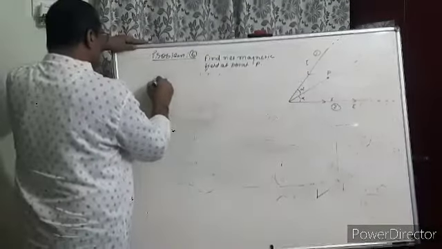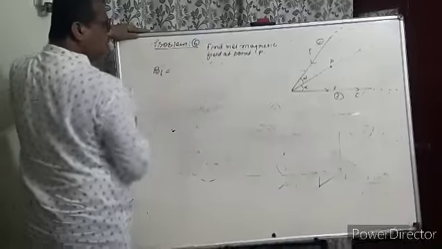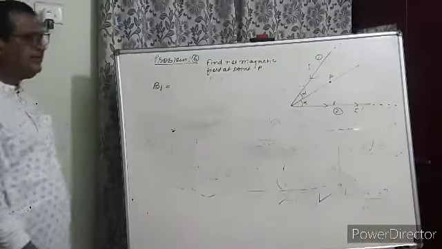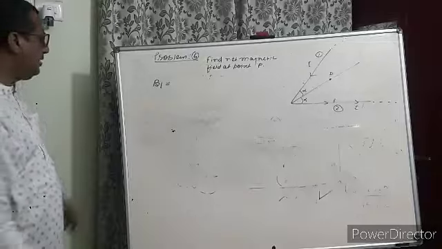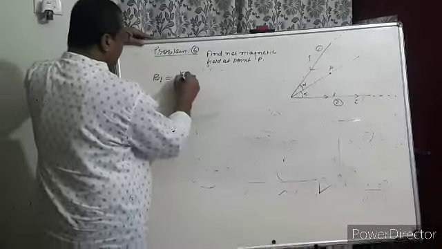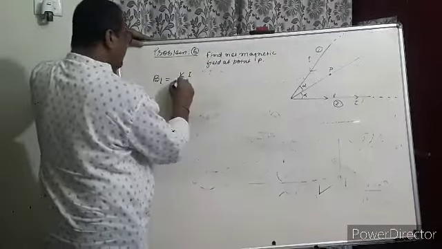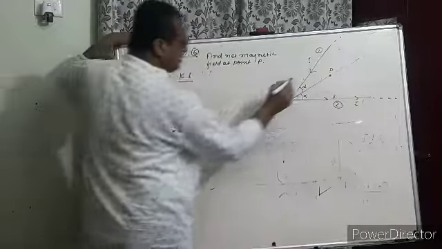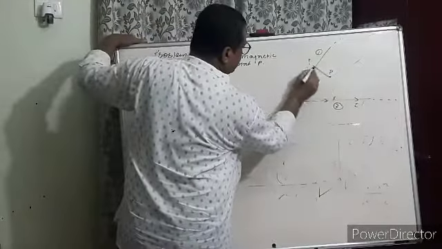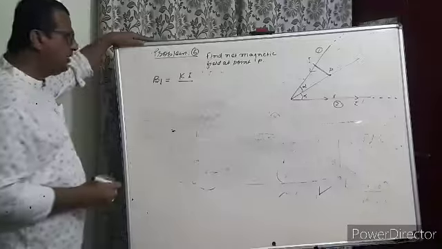Magnetic field due to the first wire: we have the formula K I by A into sin alpha plus sin beta. Here A is the perpendicular distance, which we have to calculate.